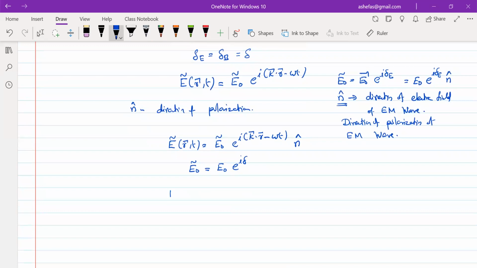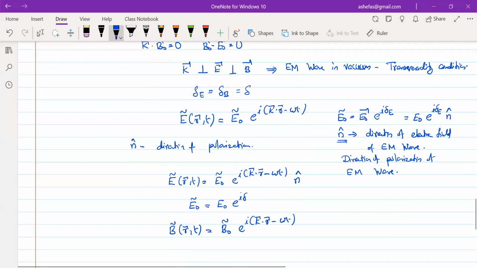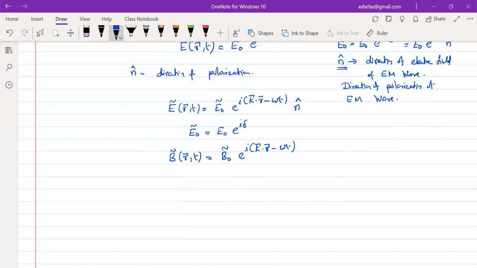And how will you write B tilde of r,t? So B tilde of r,t is B0 tilde e raised to i(k dot r minus omega t). Now remember the direction of the magnetic field is along k cross E. So this can be written as unit vector k cross unit vector n. So this would be the direction of the magnetic field. And what is B0 tilde?